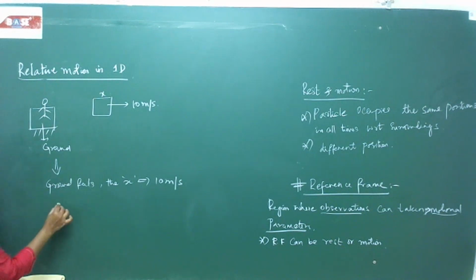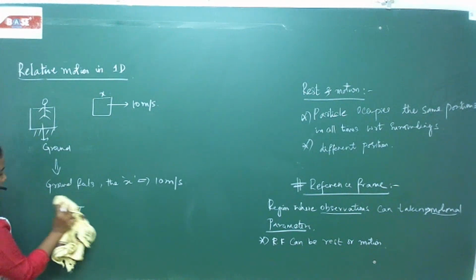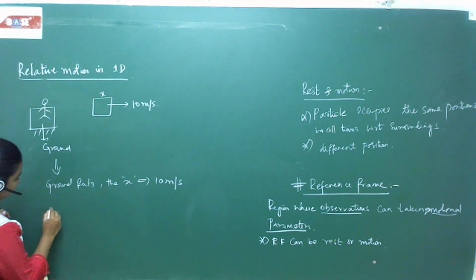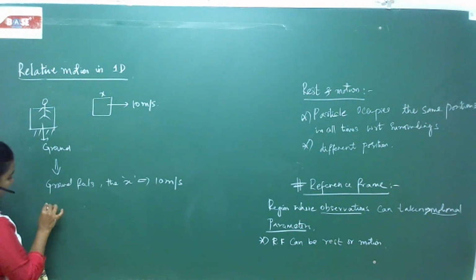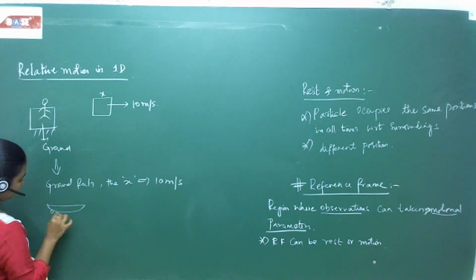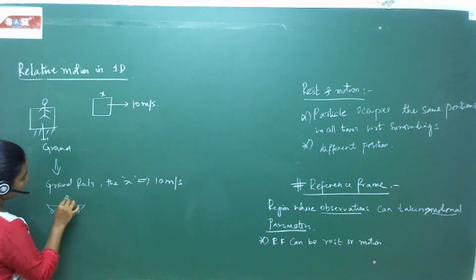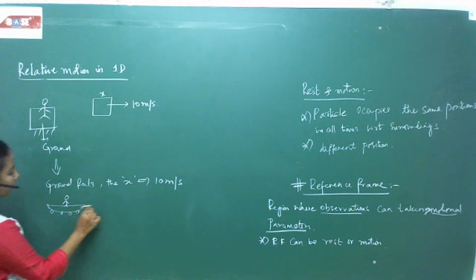Now what if, in another example, this is a trolley. Here a person is on the trolley and the trolley is moving at 10 meter per second.